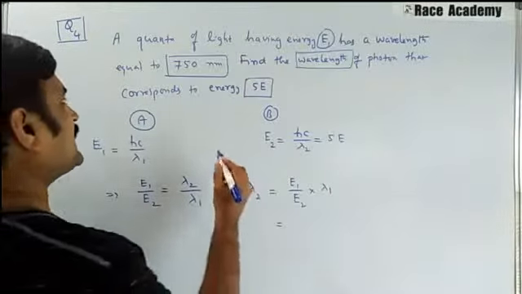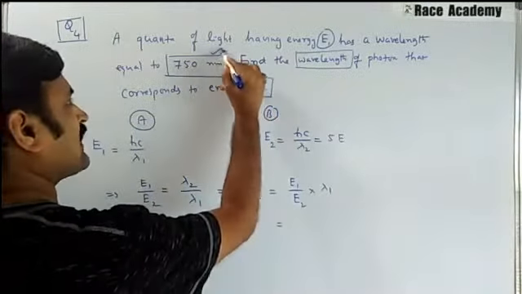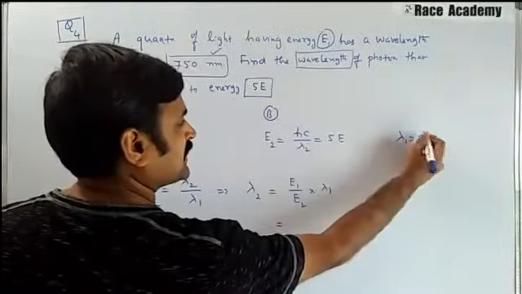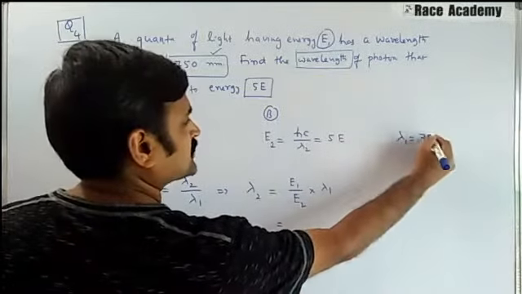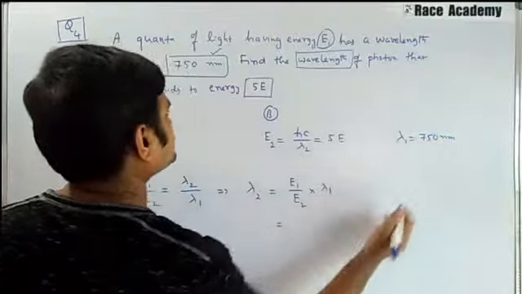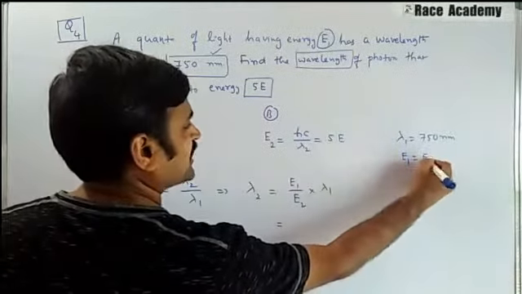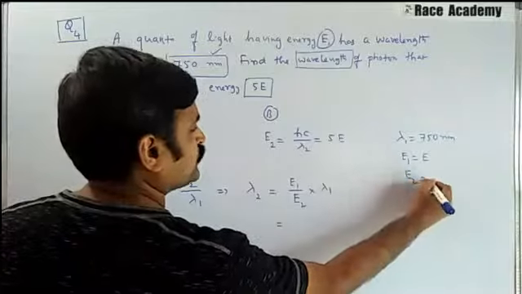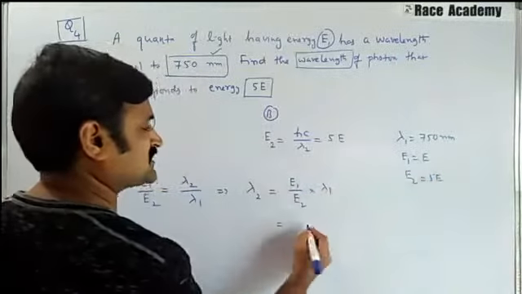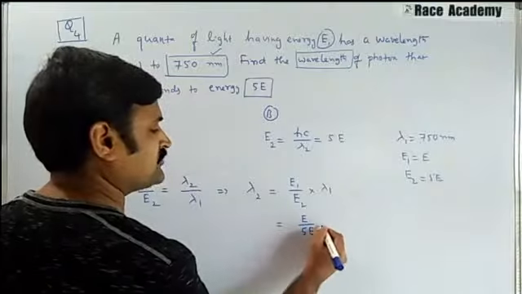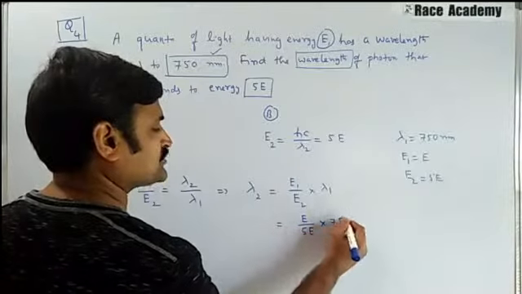The lambda 1 value given in the problem is 750 nanometers. We don't know lambda 2, and they gave the E1 value as E and the E2 value as 5E. If you substitute these, E1 is E and E2 is 5E, into 750.